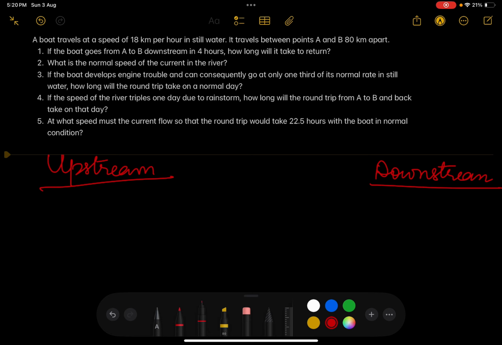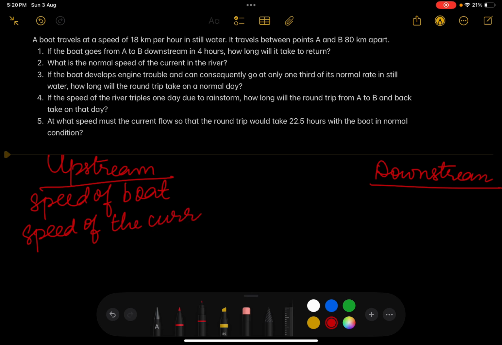So use your logic, the overall speed will be less, right? There are two main things we use: the speed of the boat in still water, that is, if there was no current, what would be the speed, and the speed of the current. Let this be x and let this be y in both situations.